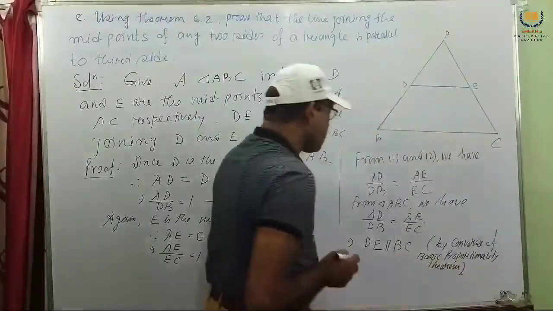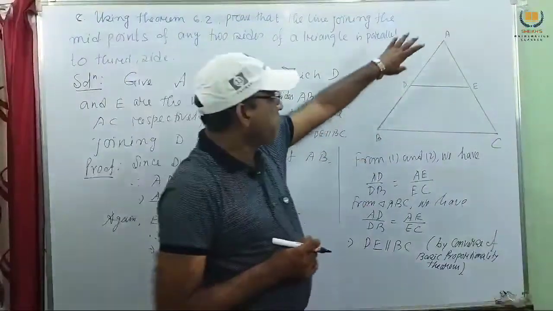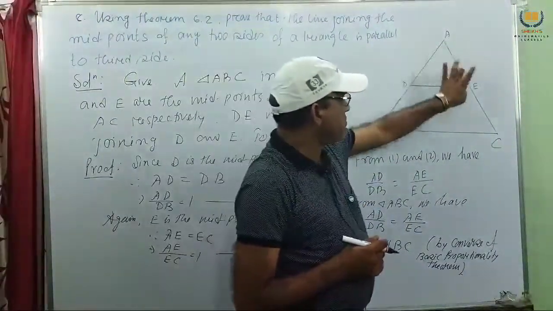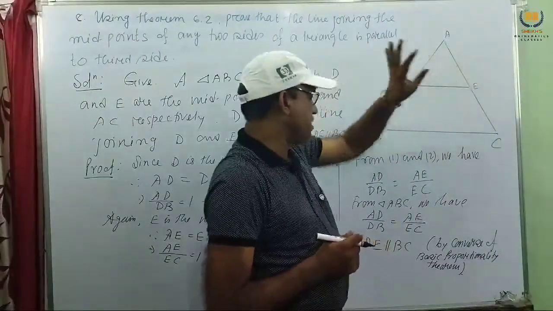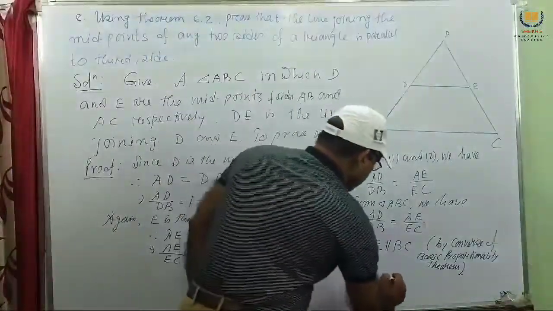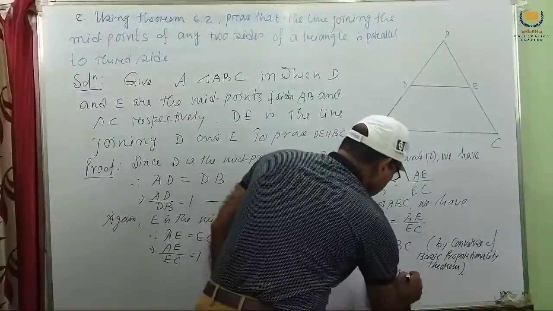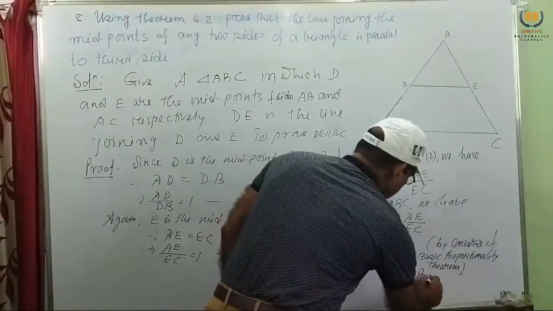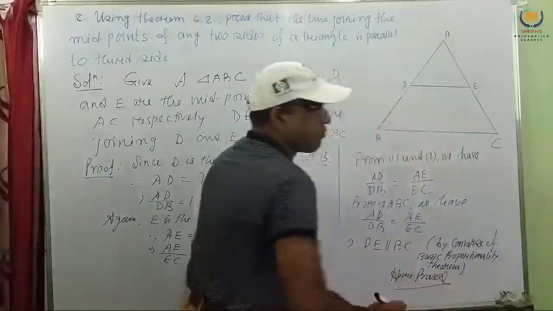By the converse of the basic proportionality theorem, if this by this equals this by this, then these two sides must be parallel, and this is what we have to prove. Hence proved. And this is the proof.